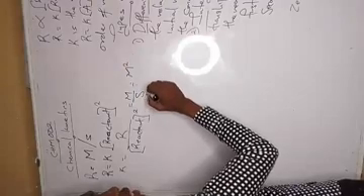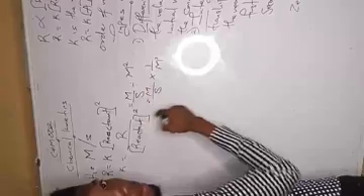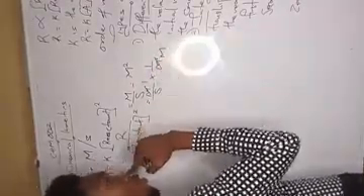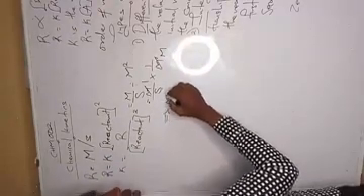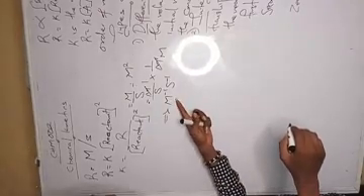This expression is the same as M over S times 1 over M squared. Cancelling one M, the unit will now become M to the power of negative 1, S to the power of negative 1. That's the unit for a second order reaction.